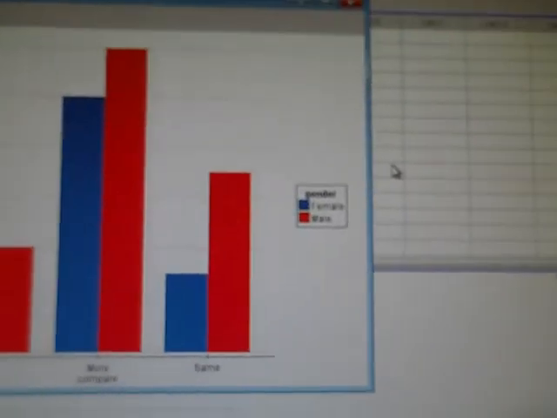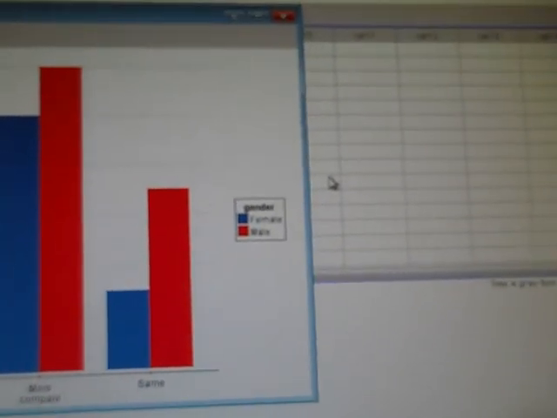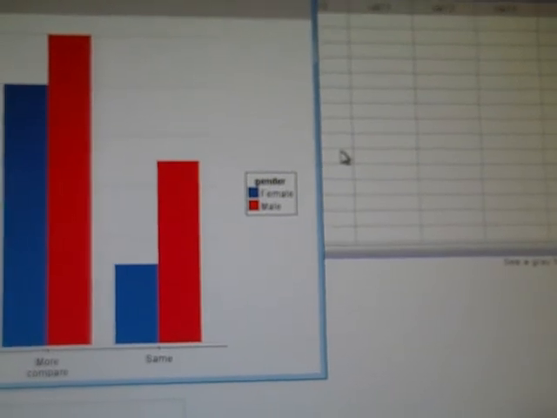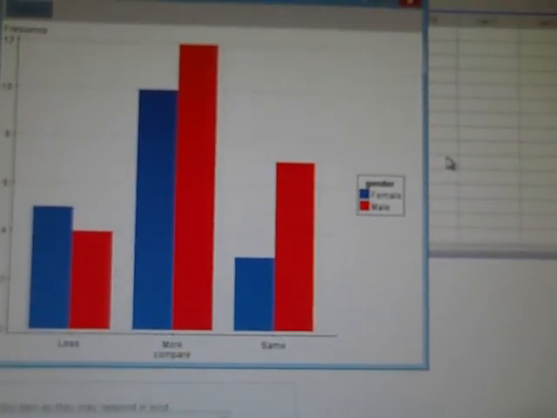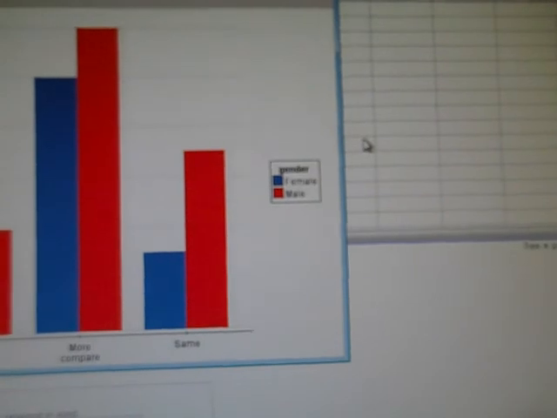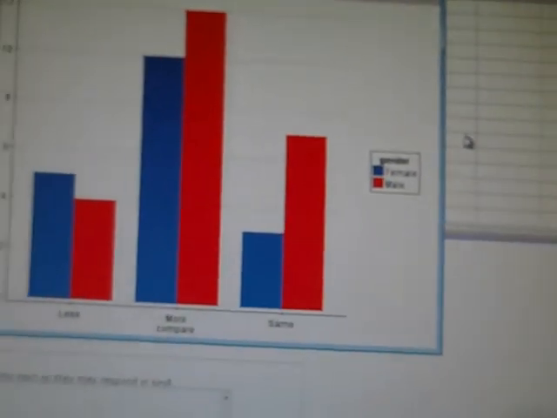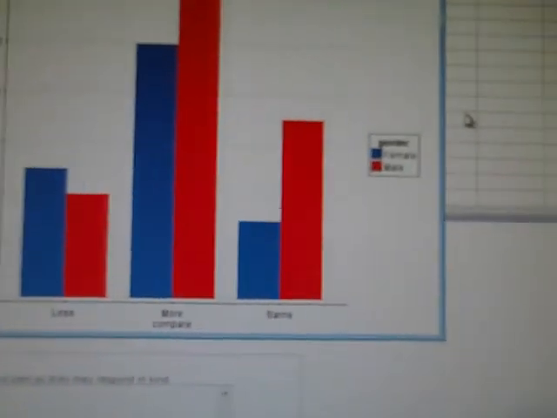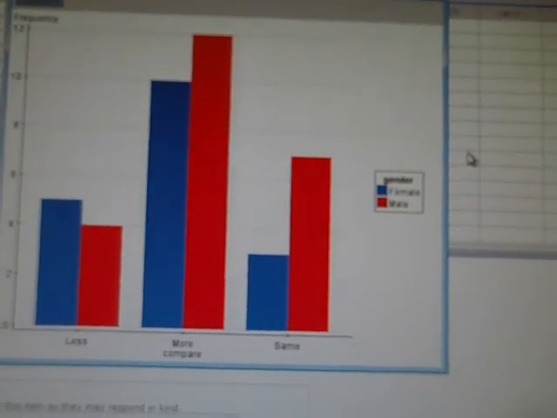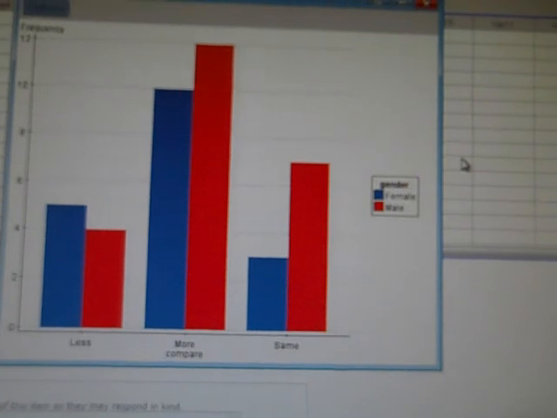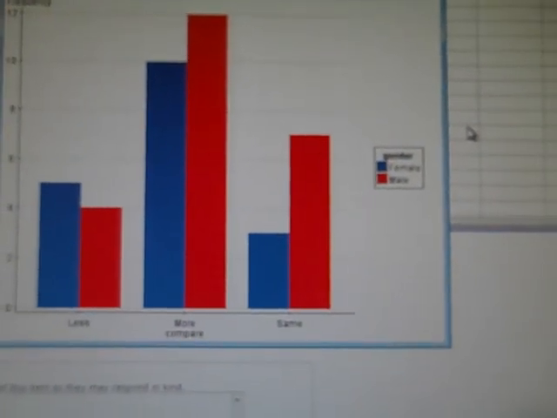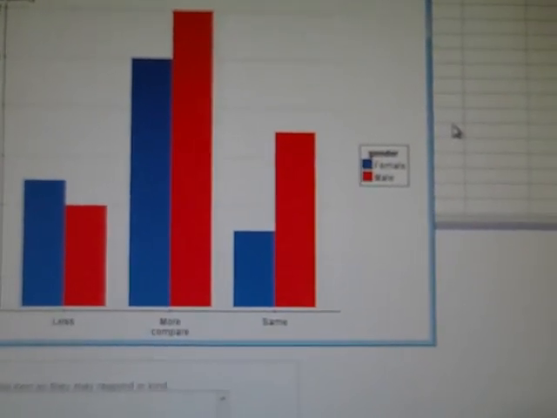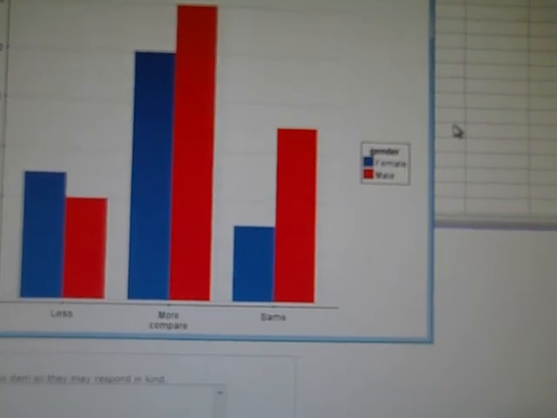In fact, by comparison, the people who shop the same seem to be the biggest difference between the male and female. I don't like the order of this because I would love to see less to same to more go left to right. But that was the default ordering that this gave it. That's because there's a little bit of quantitative information in that variable compare.